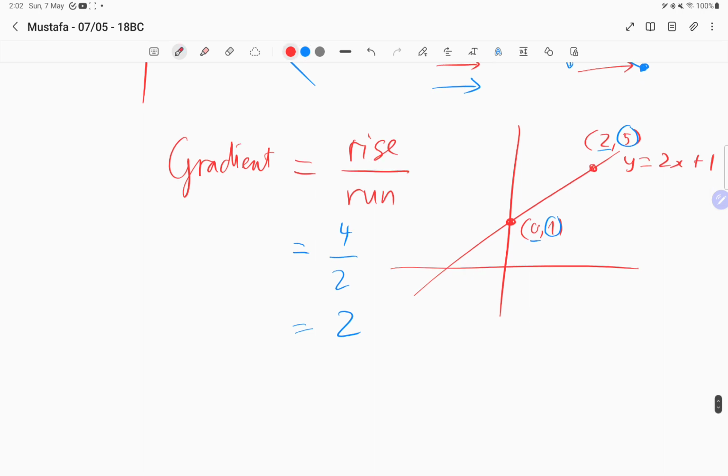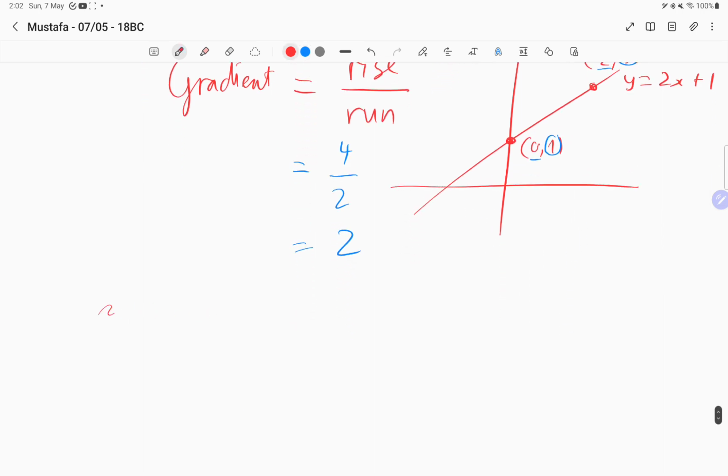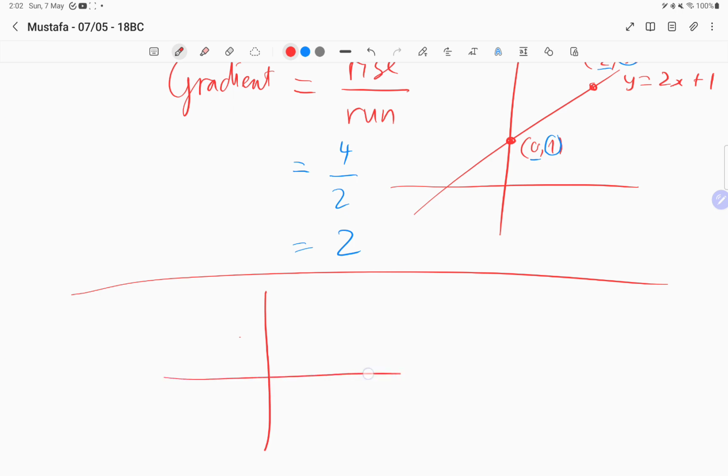Now, let's take a slightly different graph. Say this one. Let's say this point is 5 and this point up here is 4. What's the rise? The rise is negative 1? If you say negative 1, what's the run?